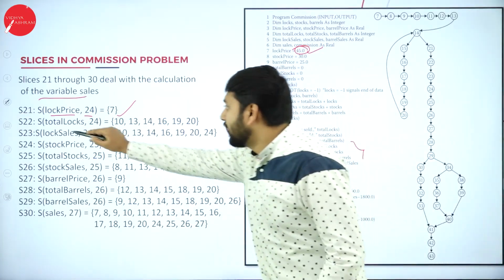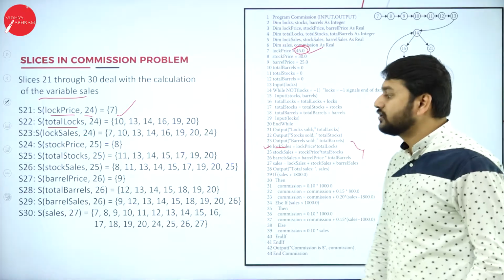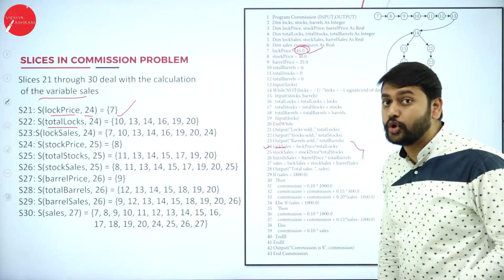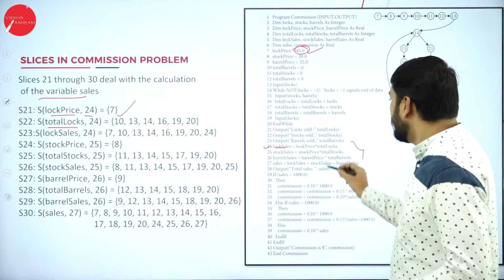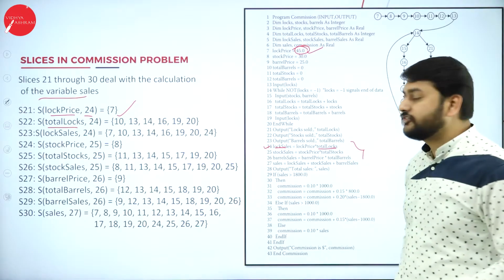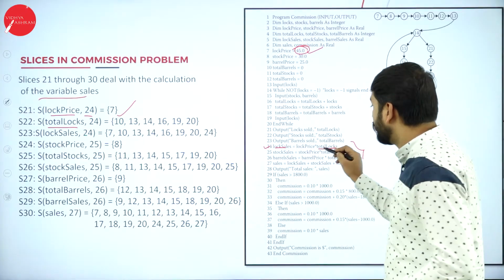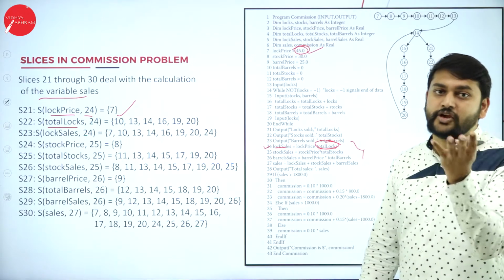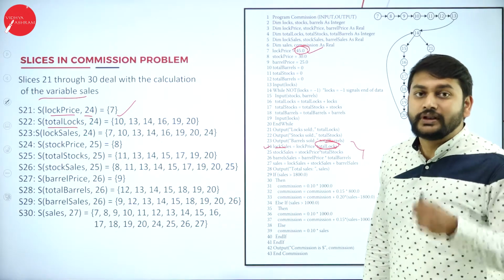The next one that I've taken is total logs. Total logs in line number 24. To change the value of this total logs, which are all the lines playing a very important role? Let's check that.